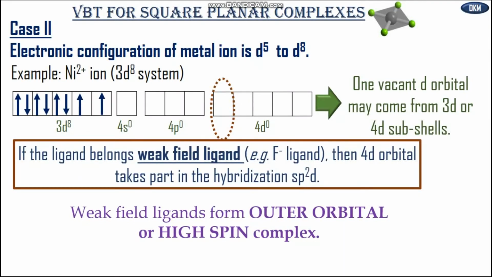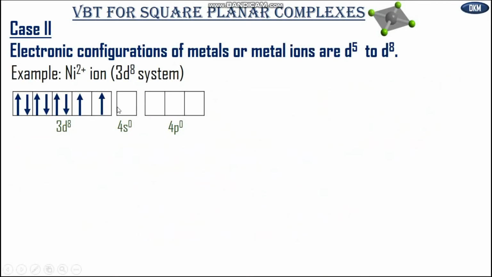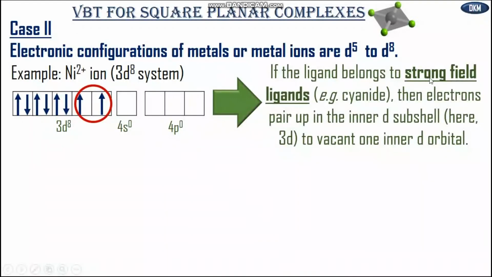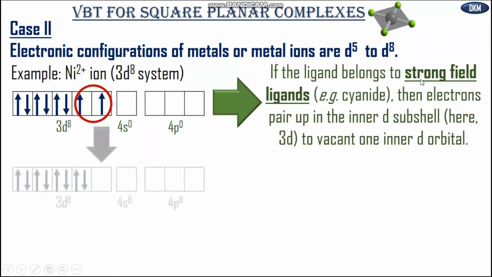Now, take this situation in presence of strong field ligand. You know, strong field ligands make strong bonds with the metal ion. Then the metal ligand bond stability is sufficient to pair up the electrons in the inner d orbital. In the case of Ni2+ ion, these two electrons get paired up in presence of strong field ligand, and the electronic arrangement changes to this.